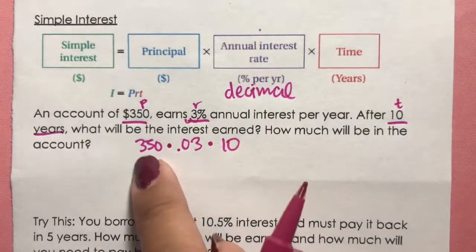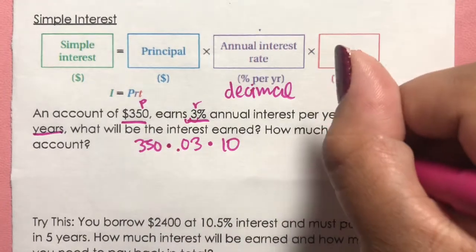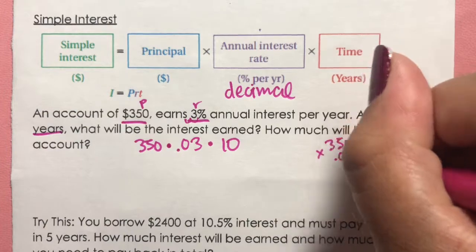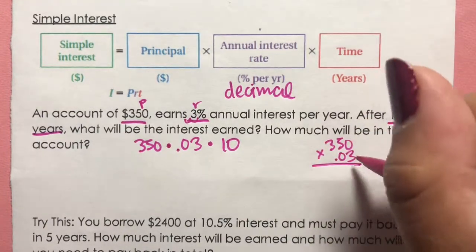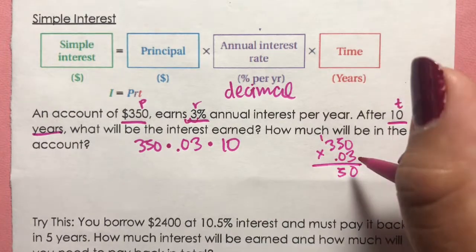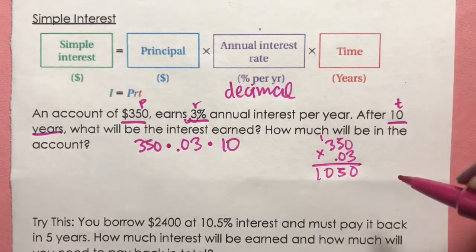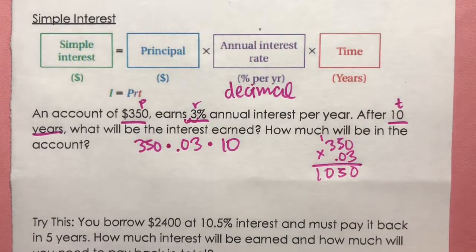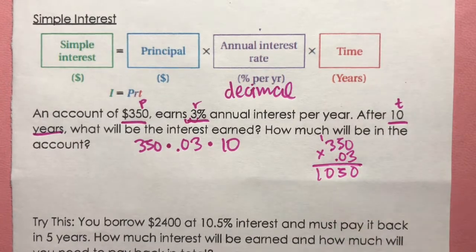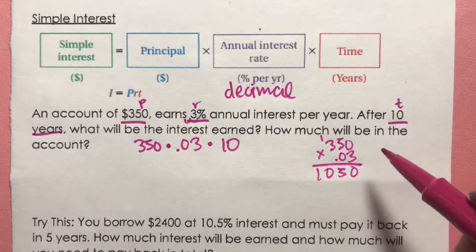Let's start off with multiplying 350 times 0.03. So 0 times 3 is 0, 5 times 3 is 15, 3 times 3 is 9, plus 1 is 10. I'm not going to bother multiplying by the 0 because it will just add up to a bunch of zeros and it's not going to change anything.